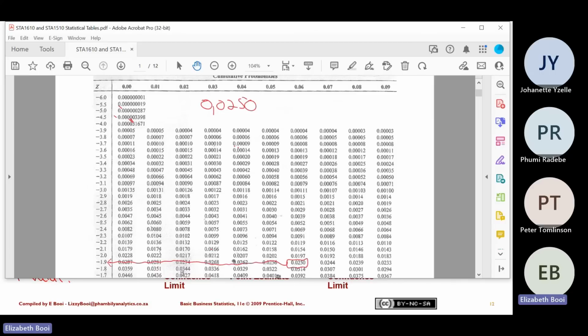We find the first Z value, which is minus 1.9, and then we go up and find the last digit. So our critical value, we're going to ignore the minus for now. We're not going to worry about the negative. We're going to say our critical value is 1.96.